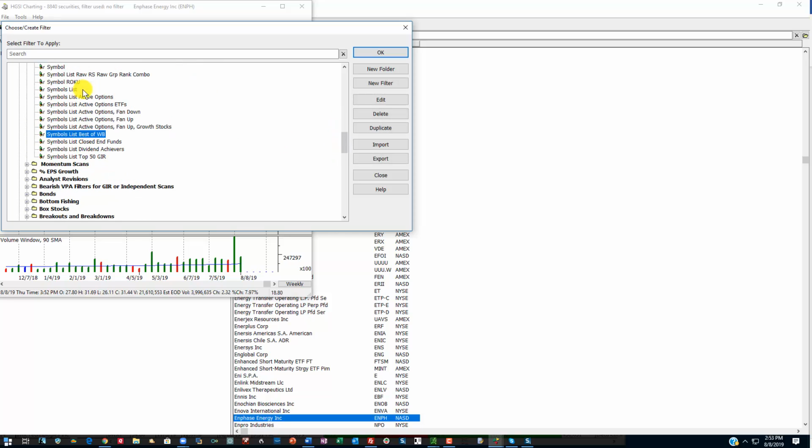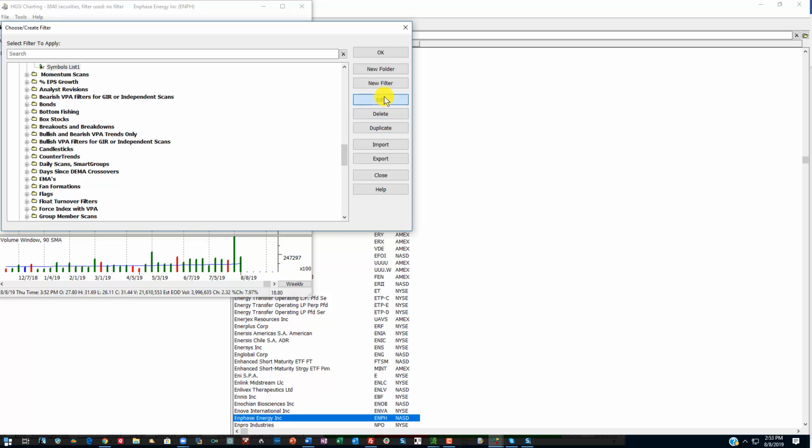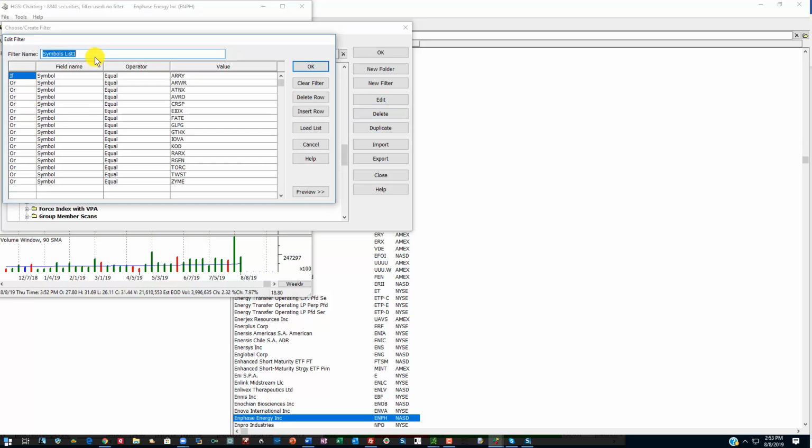And I just have a symbol list right here. I'm going to duplicate it, edit it, clear it, and call it ENPH.